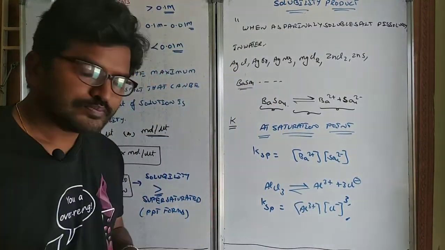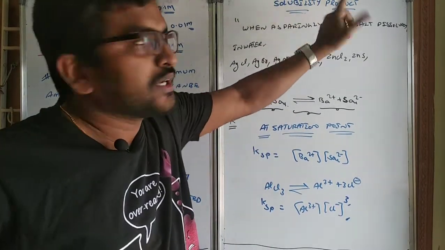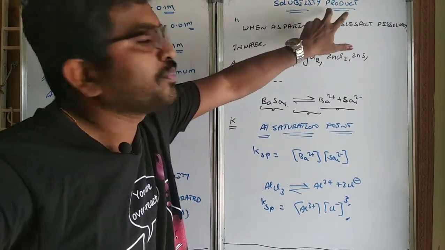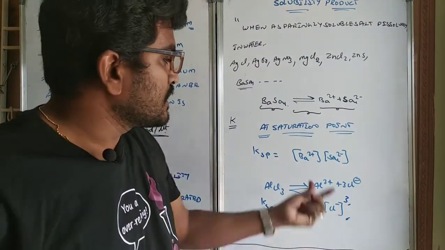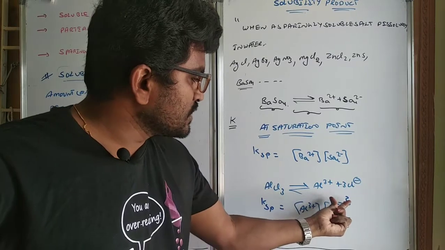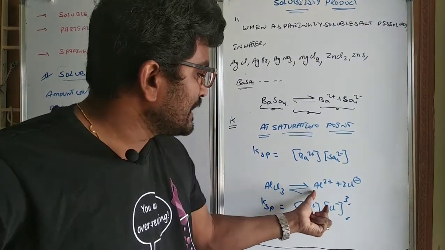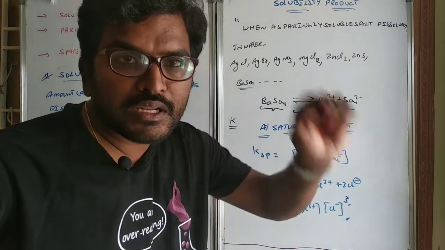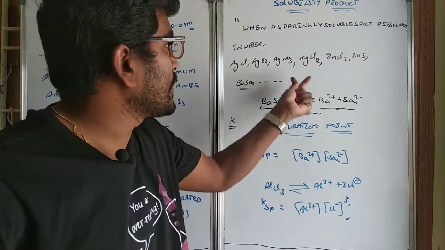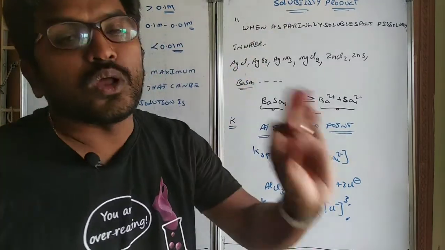So see here, solubility product, the name itself indicates it's a product, meaning multiplication. The product of concentration of ions raised to the powers equal to their stoichiometric number in a balanced dissolving equation at saturation point is known as the solubility product.